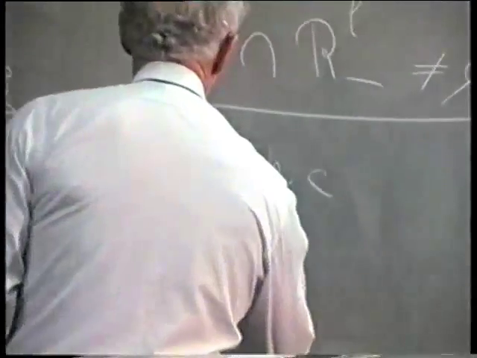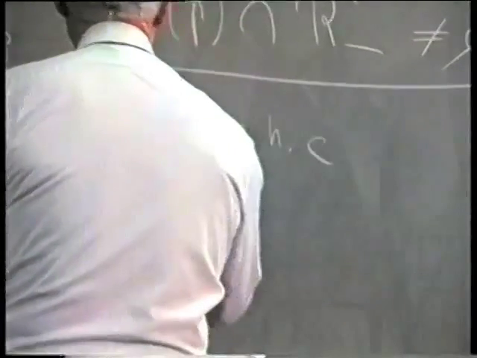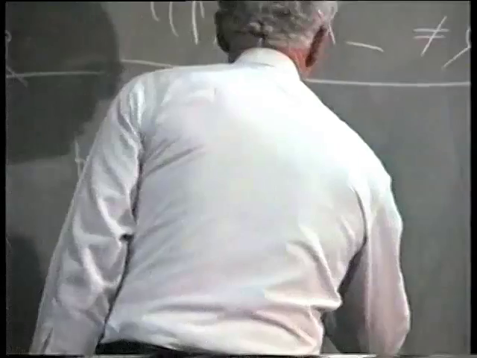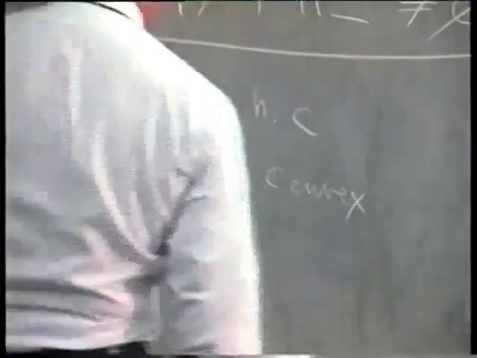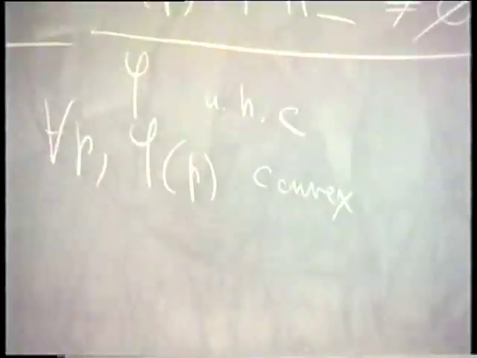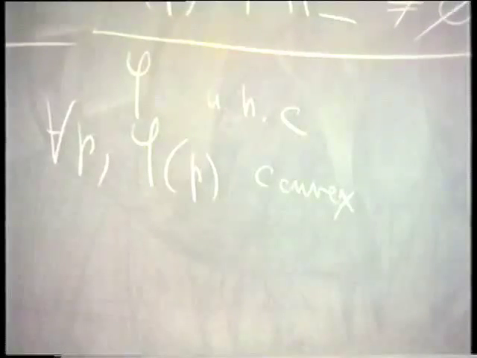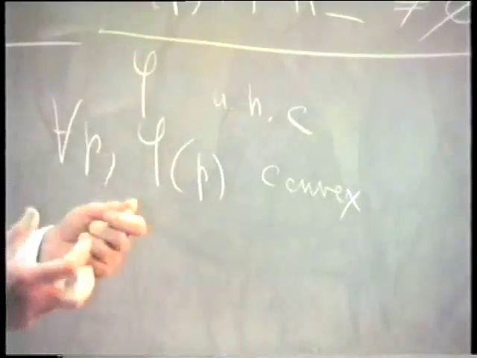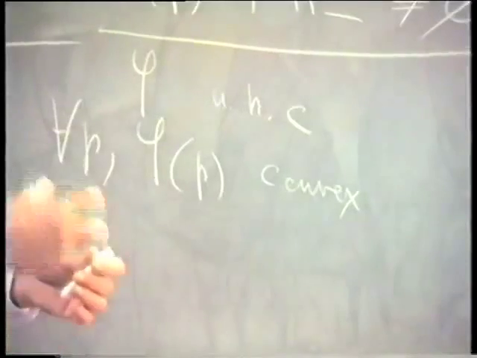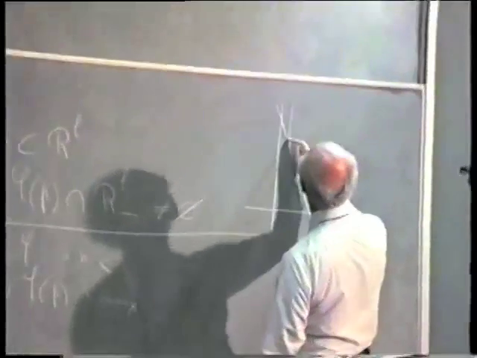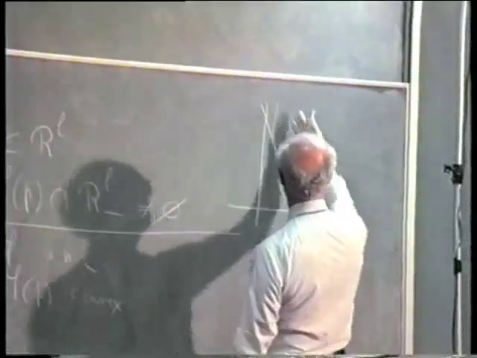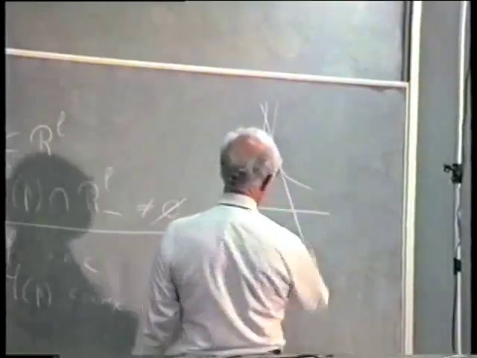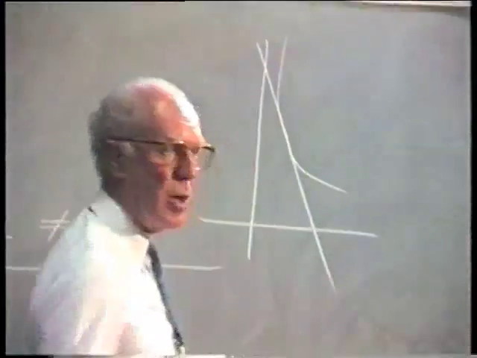Phi is convex valued, which means that for every p, the set phi of p is convex. And you can see how this would be derived from what we have said earlier, because the reaction set of every agent is a convex subset. For a consumer, it is possibly a single point, or in any case, if it is not a single point, because you have not assumed strict convexity of the preference relation, since the preferred or indifferent sets are convex, the intersection set here is going to be convex.